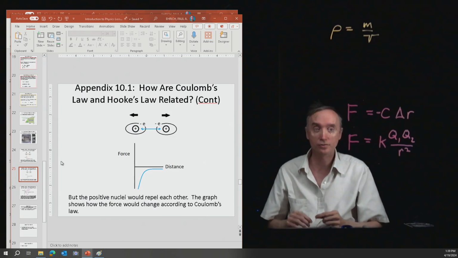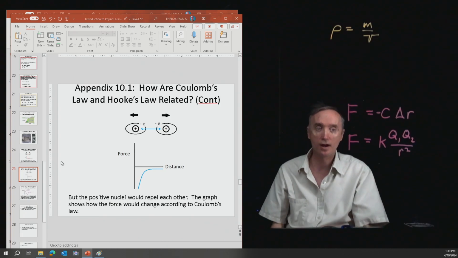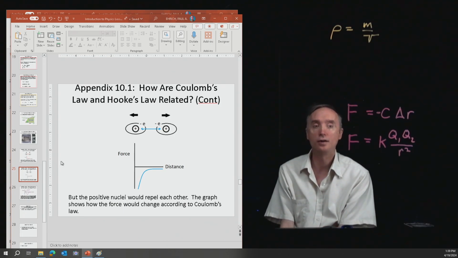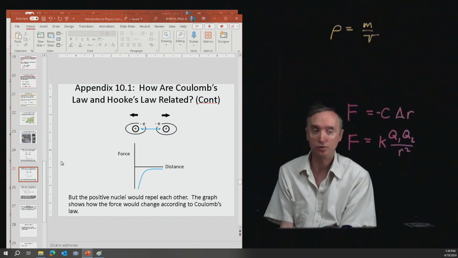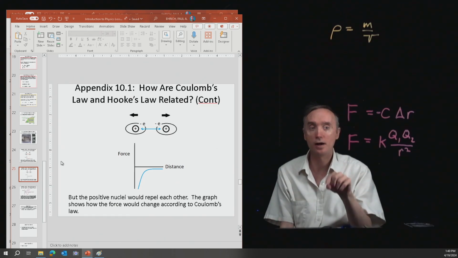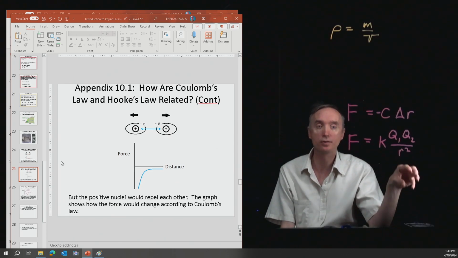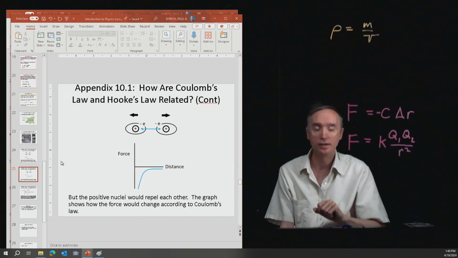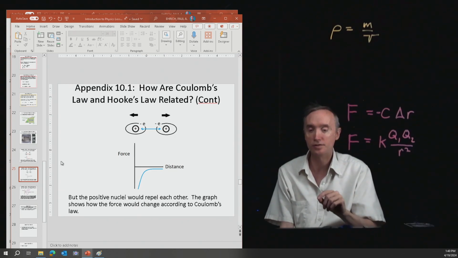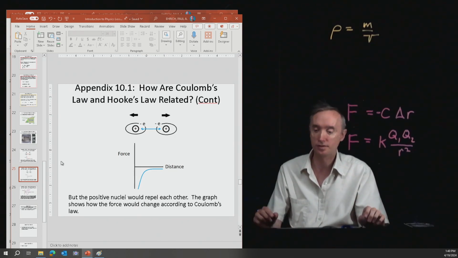So like charges are going to repel. There's the graph that shows the force versus the distance using Coulomb's law again for the positive nucleus versus the other positive nucleus. Now what we want to do is put the two graphs together.